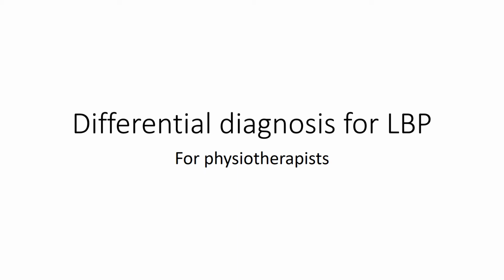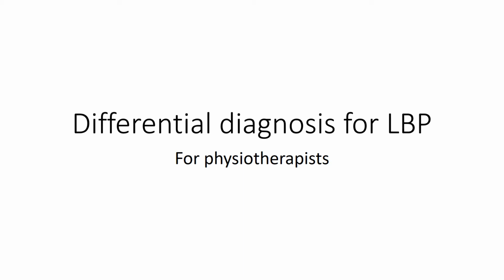Hello everyone. I'm doing my online class for differential diagnosis for low back pain, mainly for my colleagues who are physiotherapists. One of my very interests in my practice is differential diagnosis because I like watching Dr. House.